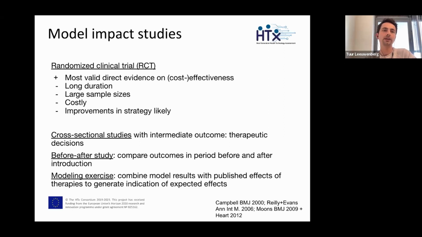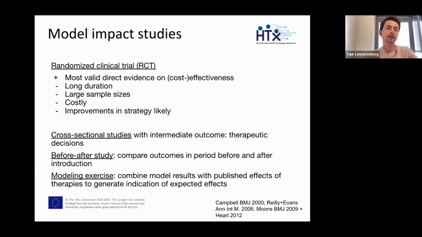Another way to do it is via modeling itself. So you calculate an expected effect based on how certain risks are currently used in the decision-making process, and then you change those risks based on the model, and you simulate how that would impact the final outcome that you're interested in, based on what you know about the current treatment pathway.